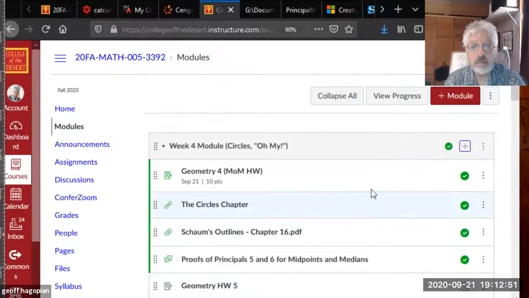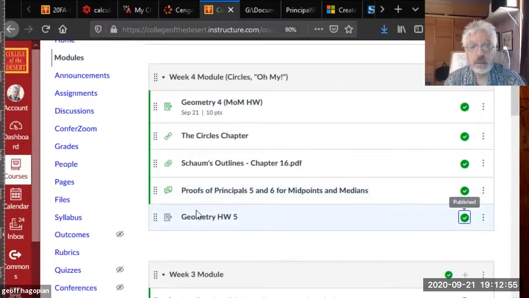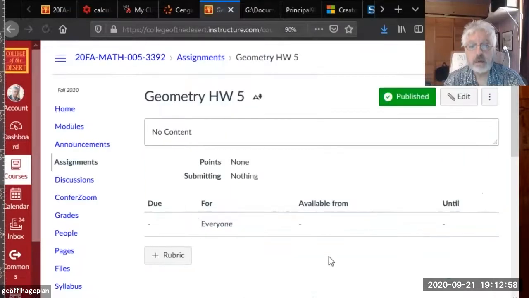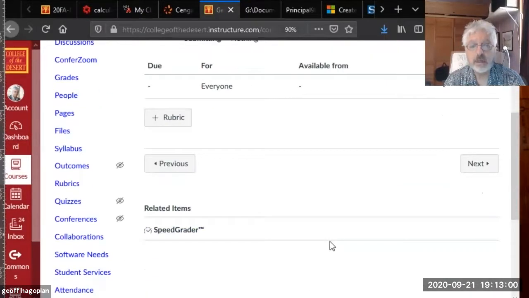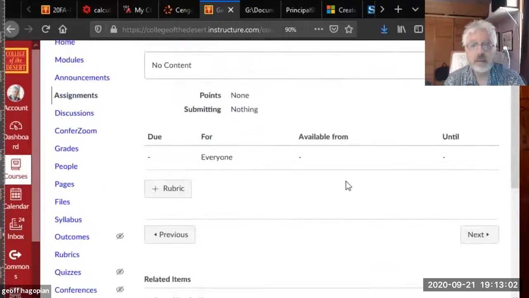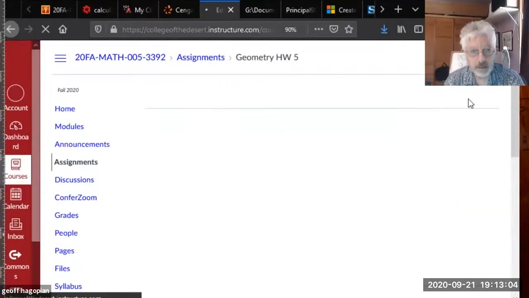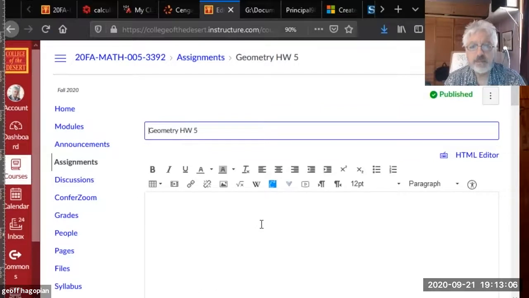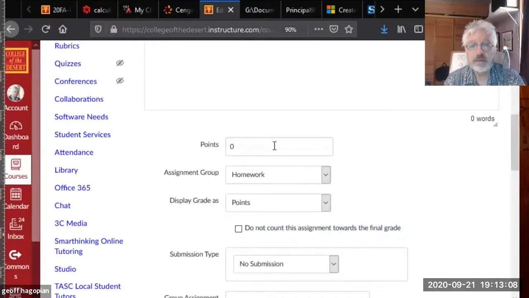Add that item. I guess publish it, edit it, and edit it again, strangely. I don't really need to say anything other than, yeah, there are points.